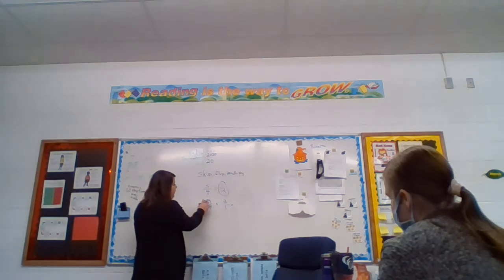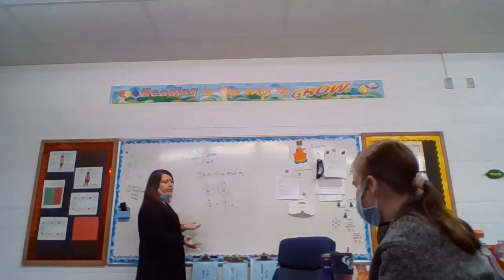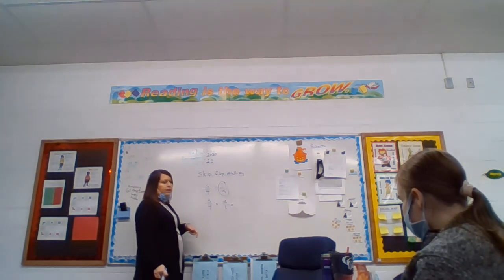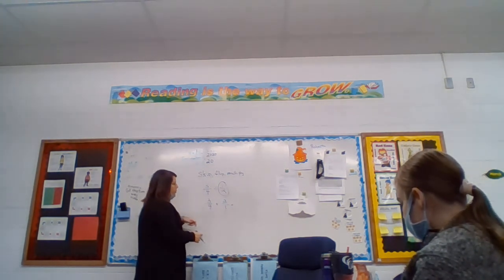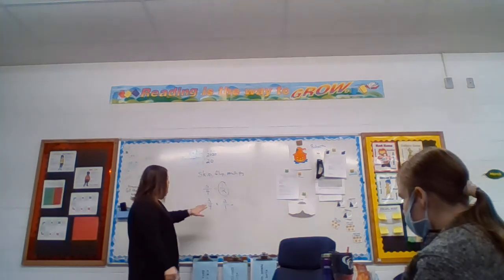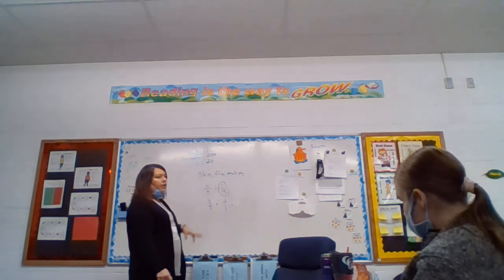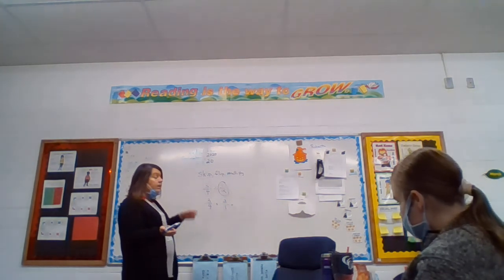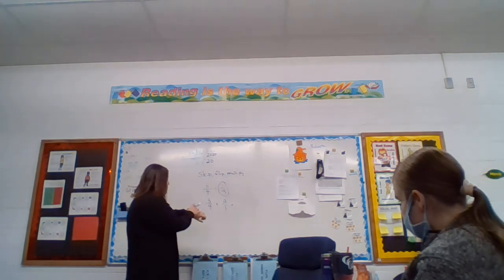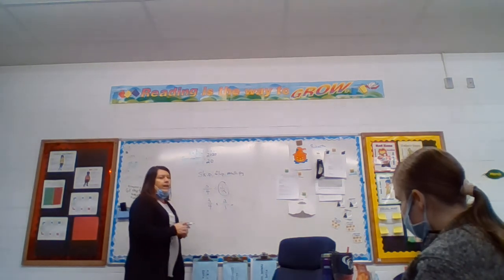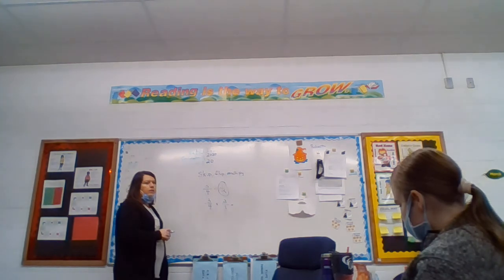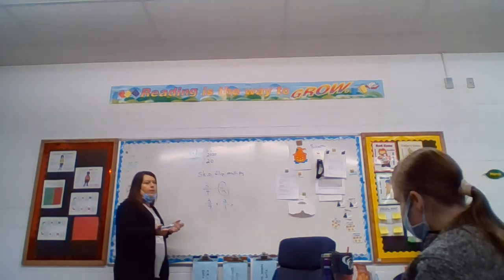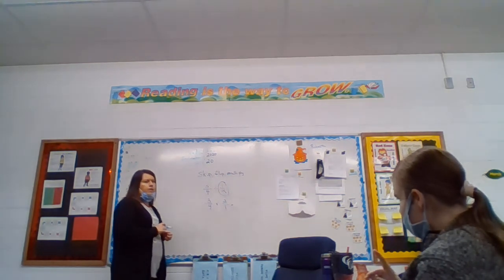So I can look this way, 3 and 1. Well, I know I can't reduce that. Nothing can go into both 3 and 1. I can't divide the same number into both of those. So those are just going to stay the same. But if I look at 4 and 2, I know that I can divide something into both of those numbers. Because first of all, they're both even. So if numbers are both even, what can I divide into them? If I have an even number, I already know that I can divide what number into it? Not 1.